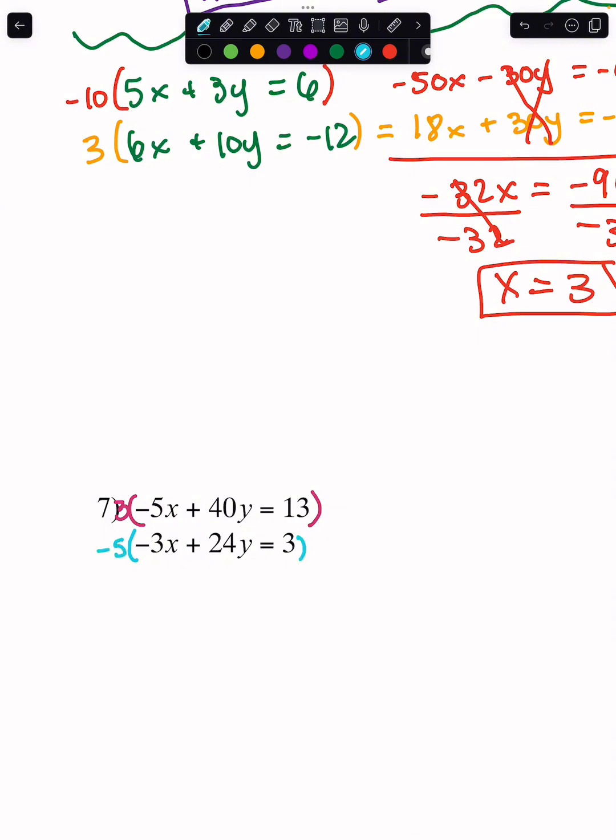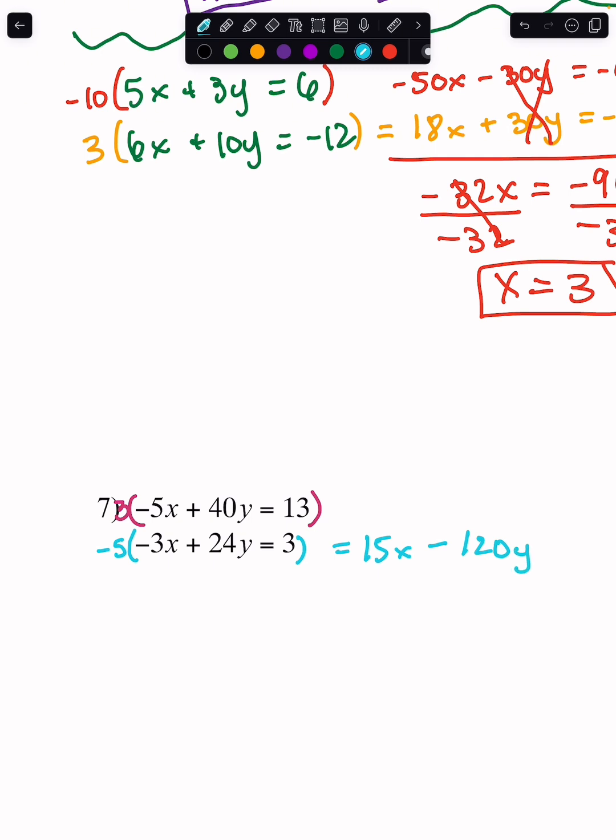So -5 times -3 is +15x. And then 24 times -5 is -120y. And then -5 times +3 is -15.